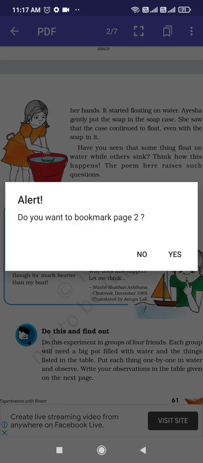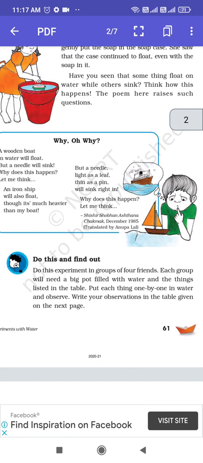Okay. Now do this and find out. So here we are going to observe an experiment, right? You also can conduct this experiment at your home, right? It will need a big pot filled with water and the things listed in the table.